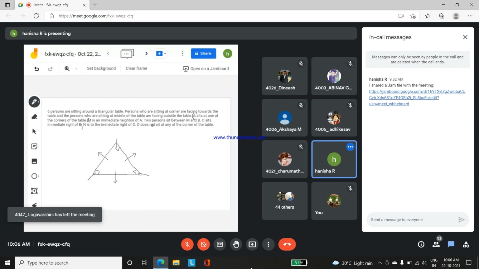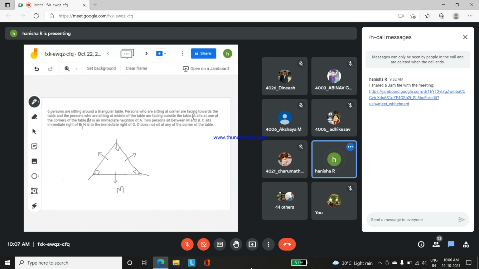Now, two persons sit between M and B. So if, for example, I'm placing M here, as per the clue, you're going to have two persons between them.